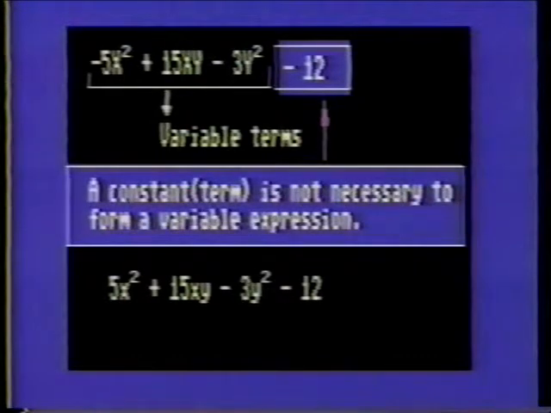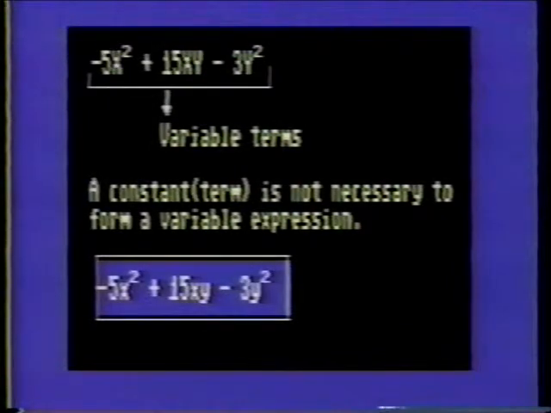A constant term is not necessary to form a variable expression. For example, if we eliminate negative 12 from the problem, negative 5x squared plus 15xy minus 3y squared is still a valid variable expression.